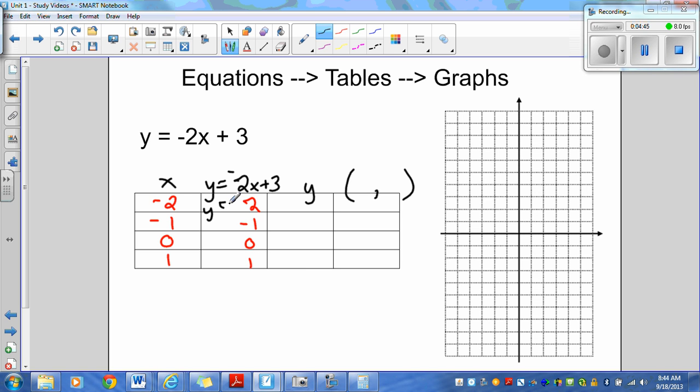Everything else in this equation stays the same. The software grouped the items together again after I was done, and I don't like that. Y equals negative 2 times negative 2 plus 3.